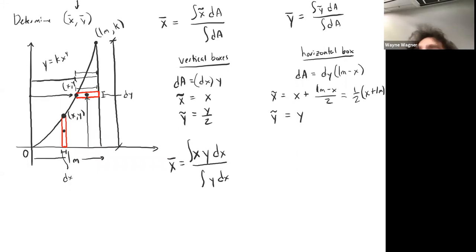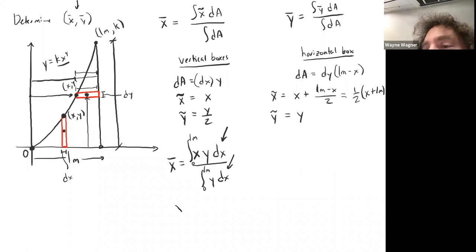Now, the way we solve this is we have to look at this dx. So this is an x. First we need to get our limits of integration. We're going in x, so we're going from x equals 0 to x equals 1. So this becomes 0 and 1 meter. And we want everything to be in terms of x, so everywhere we see a y, we're going to plug in kx to the fourth.